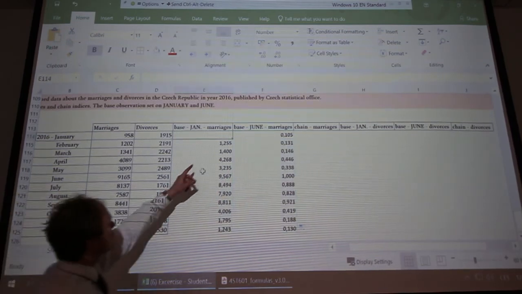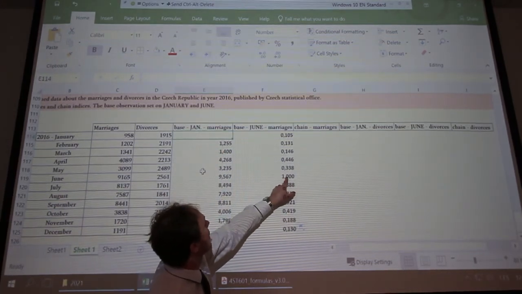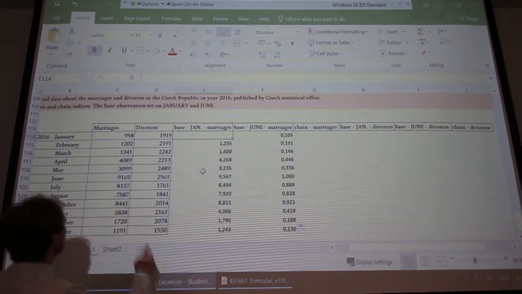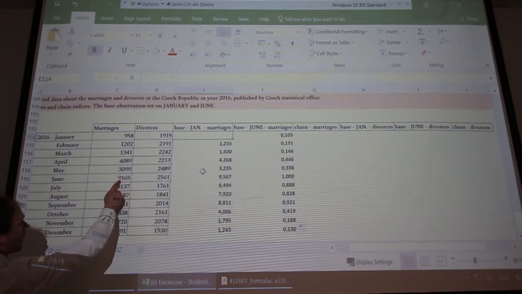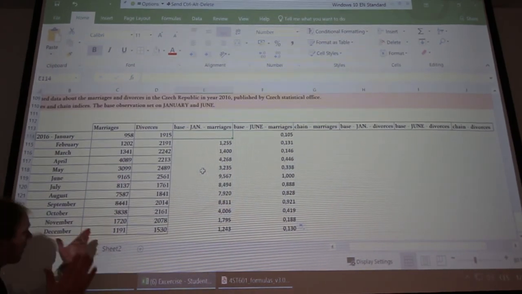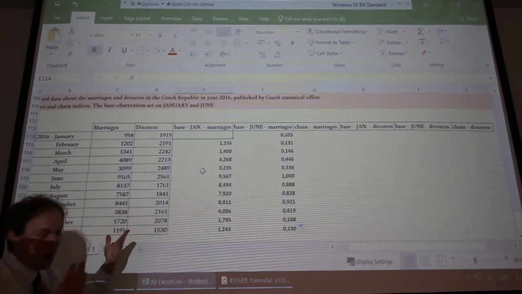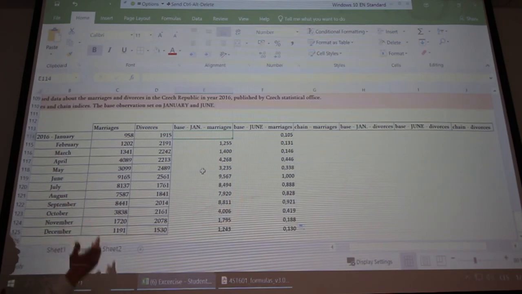Maybe I forgot to calculate this first value. Can you see? There is 1.000 because we calculated 9,165 divided by 9,165. That is the ratio between June and June.